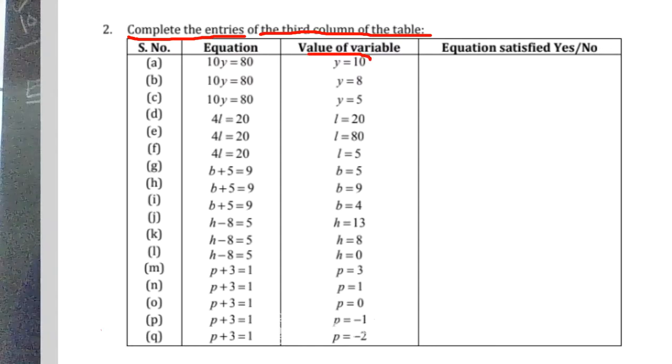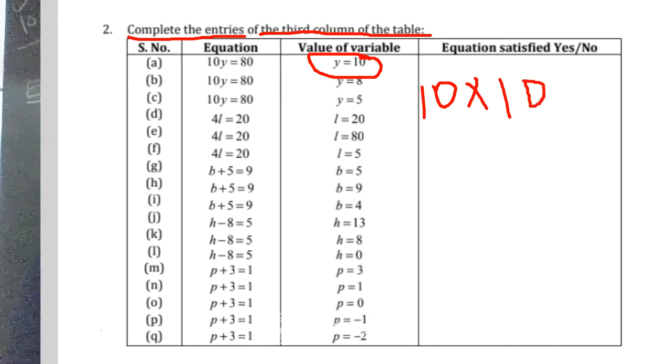The value of y is equal to 10. Does this satisfy this equation? If you put in 10y, the value of y is equal to 10. 10y means 10 into y. So if you write 10 into 10, then you find this is equal to 100.